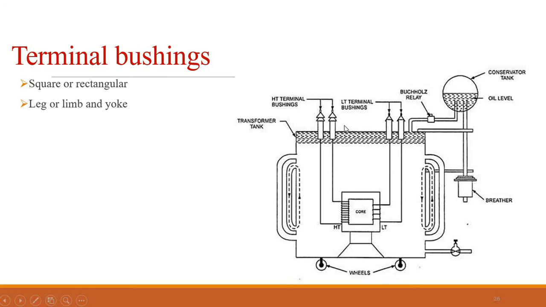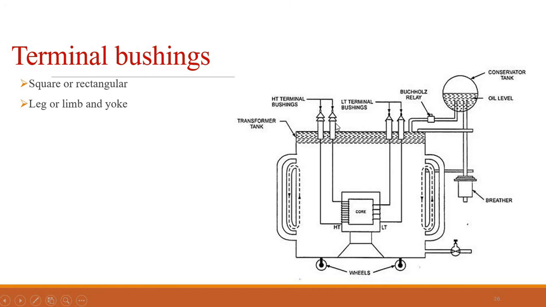To take out the connections of this winding and avoid the contact with the transformer tank, because this transformer tank is made up of metal. So to avoid the contact of a coil and this metallic tank, the bushings are provided.